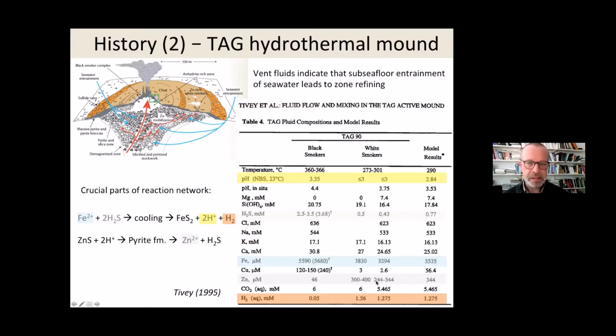Okay, so this is a wonderful testament of the power that the compositional differences of fluids that come from different parts of these seafloor hydrothermal systems have in terms of telling you about the reactions going on in the subseafloor.